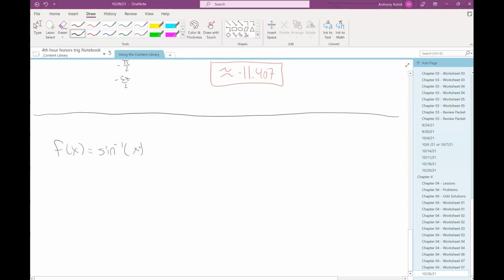So we've talked about the sine inverse function, right? We've been using these inverses. There's an alternative notation that's a little bit older, but still used a little bit, called arc sine. Same thing as sine inverse. You can think about it the same way. And that exists also for cosine and tangent.